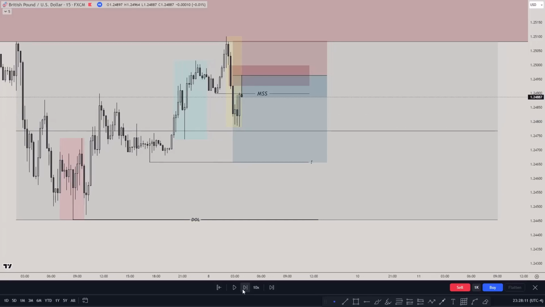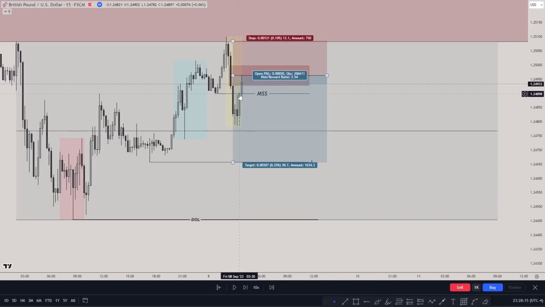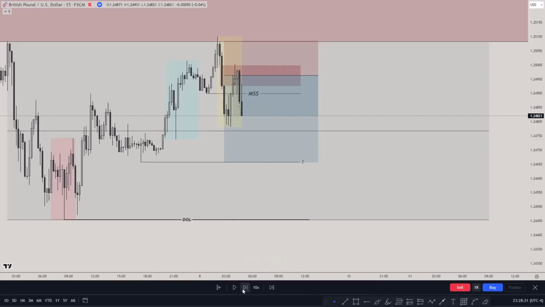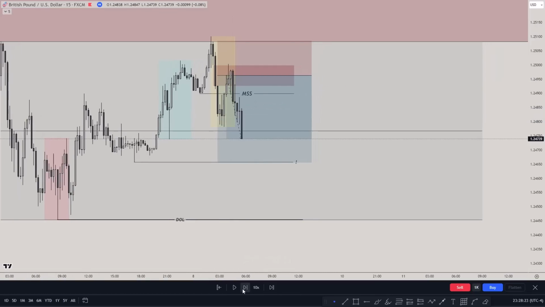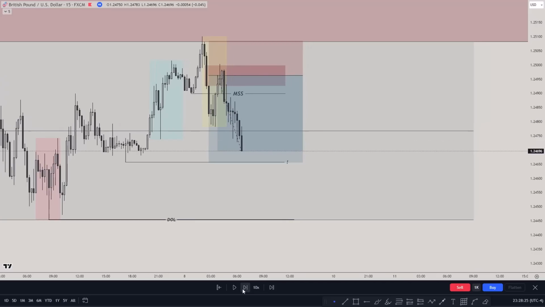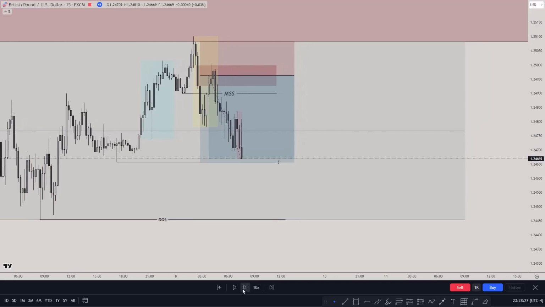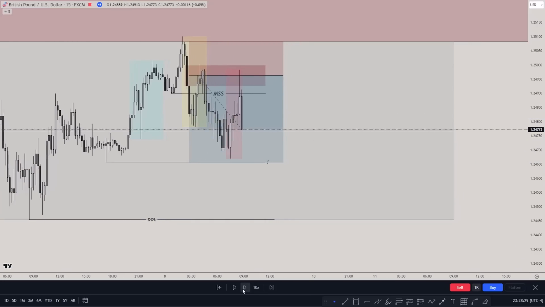So price is coming. You see how price reacted first from the breaker block, then went to the 50% of the fair value gap, slightly up, and then started to go lower. And here's the New York kill zone.